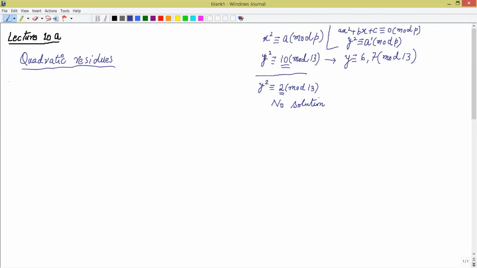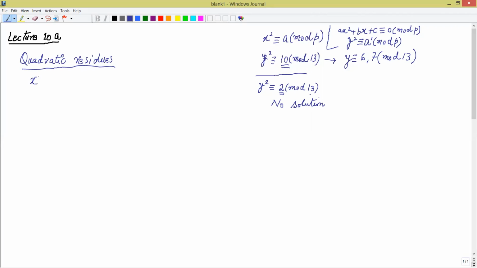Okay. So in modulo 13, we have 1 to 12 non-zero integers. And some of them are quadratic residues, and some of them are not quadratic residues. And we will see which of them are quadratic residues and which are not. Okay. So look at the equation.